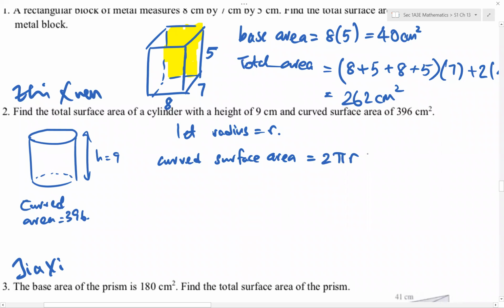Height in this case is 9. Okay, 2 pi r is our perimeter, otherwise known as the circumference in this case, times 9. And this gives us 396.